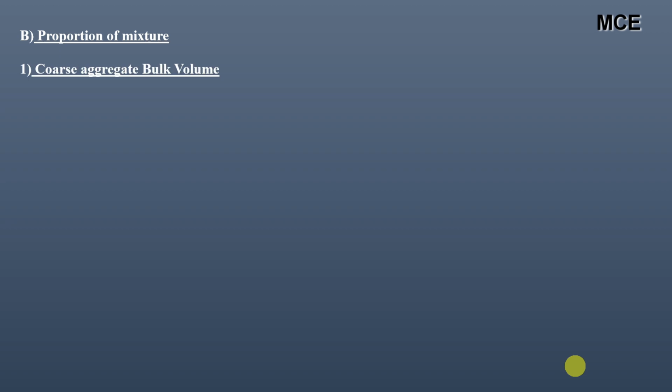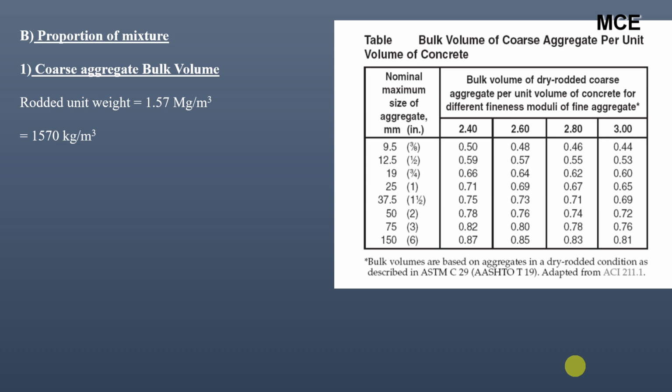Now after finding the specifications we will proportion our mixture. First you will find the coarse aggregate bulk volume. We have been given the rodded unit weight of coarse aggregate as 1.57 megagram per meter cube, which is equal to 1570 kg per meter cube. We will use this ACI table of bulk volume of coarse aggregate per unit volume of concrete.